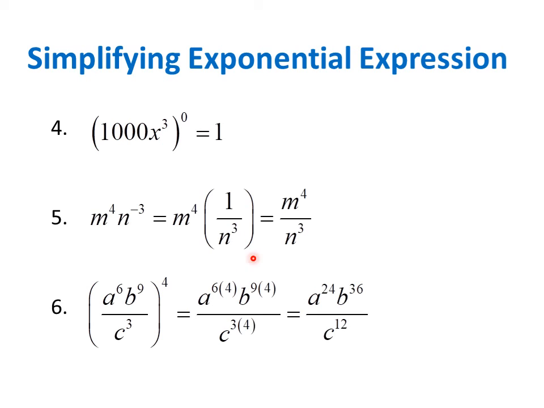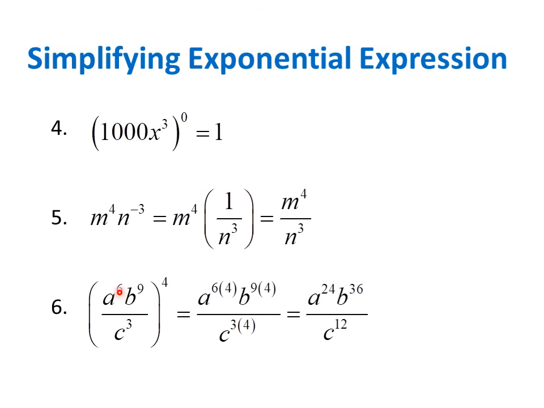Lastly, we have the expression a to the 6, b to the 9 over c cubed raised to the exponent 4. Now, first question is, can we simplify the expression inside the parentheses? No, because they have different variables a, b, and c. So, we can proceed to distributing the given exponent to each of the variables.